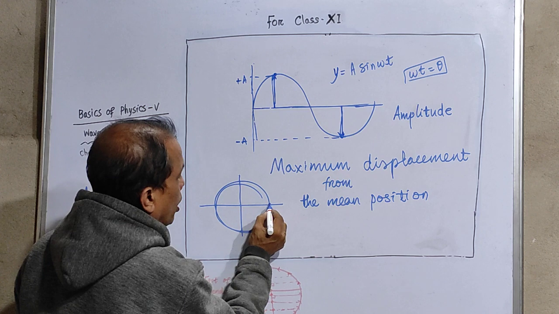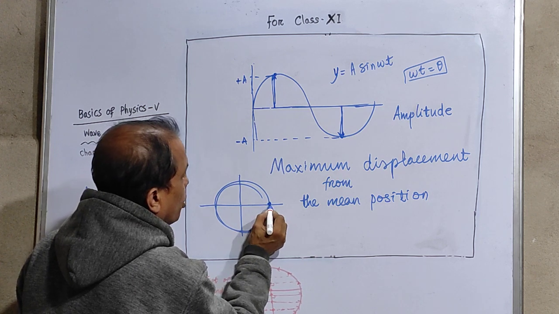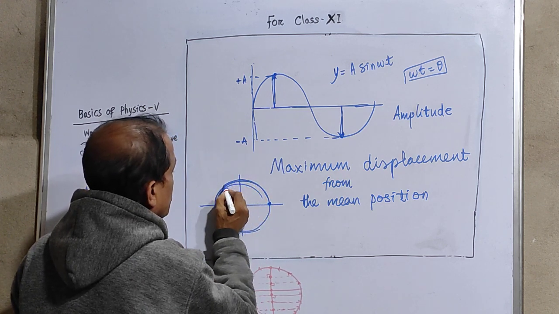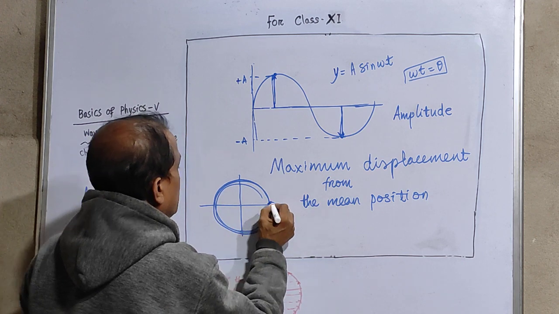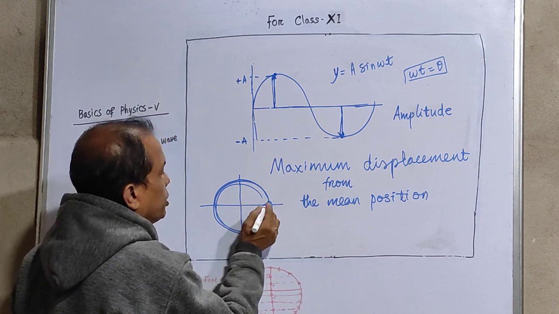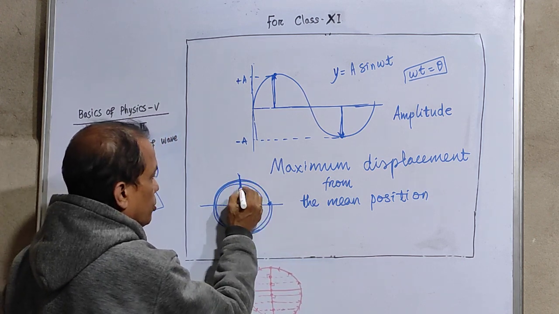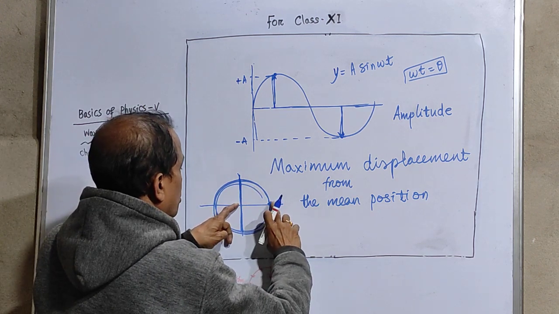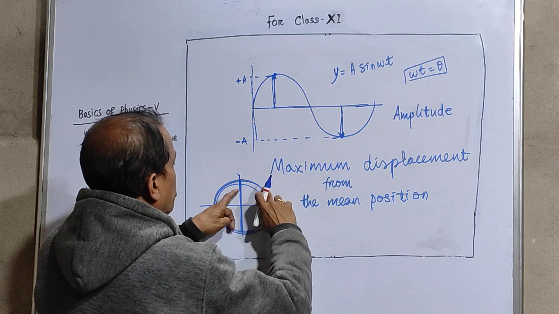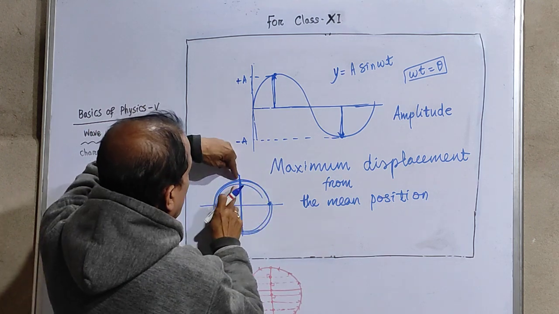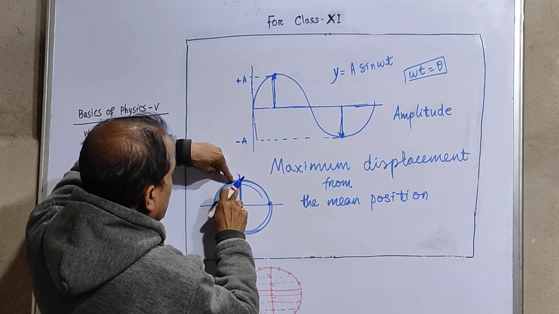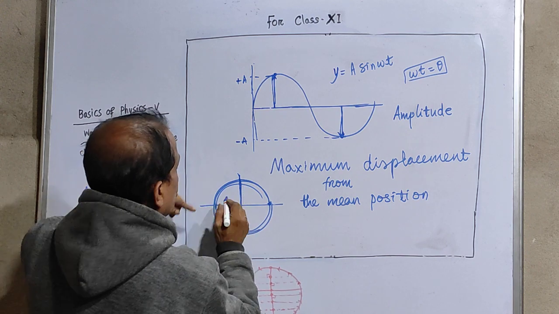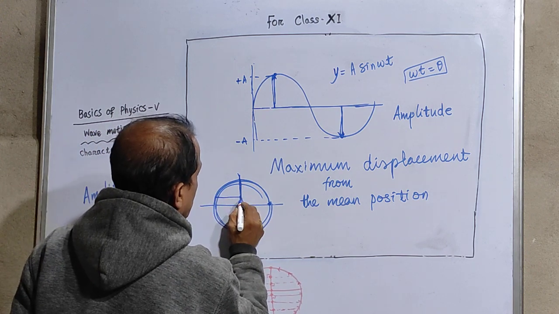If one boy is just rotating like this, another boy is copying its position here on this pillar. As this boy goes up, this boy will go up and up. When the boy comes to this side, this boy has to come down to show the foot of the perpendicular.